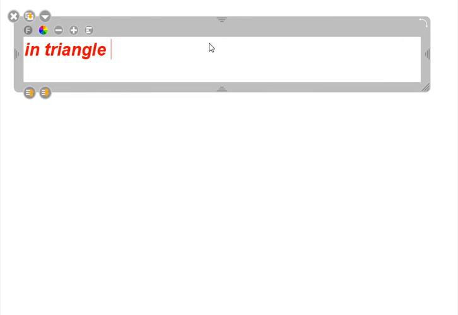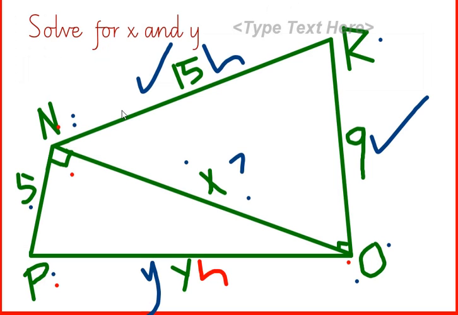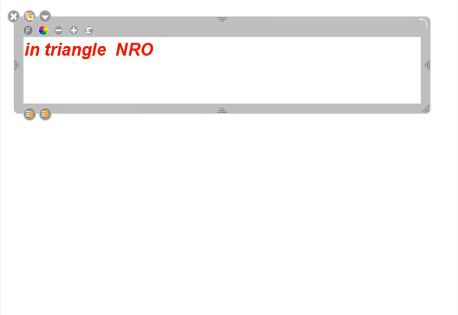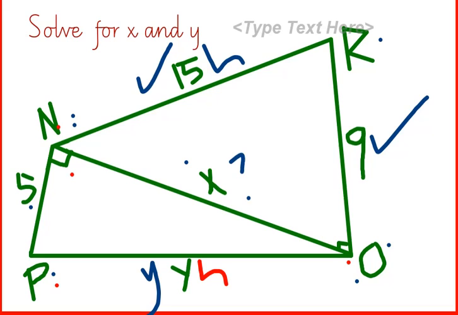So we're going to say in triangle, let's make that as big as possible, in triangle NRO, we have that. What's our hypotenuse? Our hypotenuse is 15 squared.